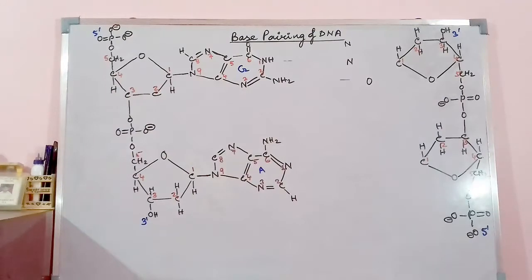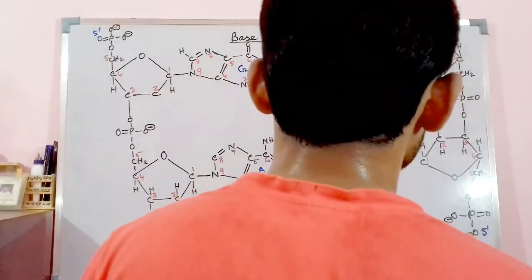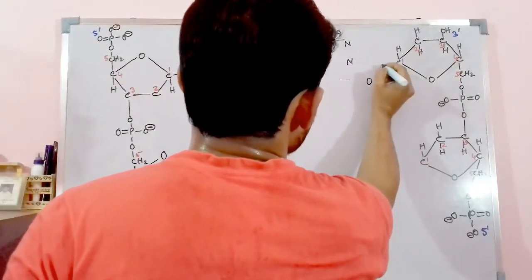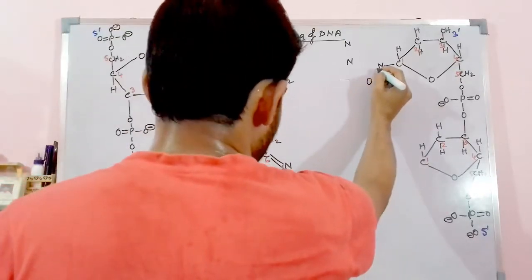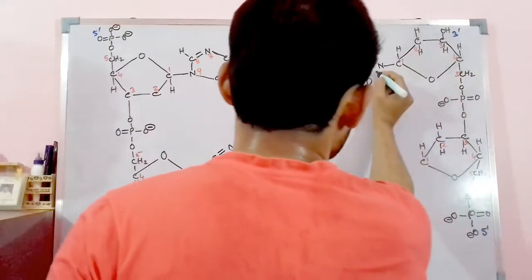Now, in this anti-parallel strand, we have the pyrimidine bases. If I draw the pyrimidine base here, it would somewhat be like this. This carbon is having the bond with nitrogen here. The nitrogen here will have the bond with the carbon again.